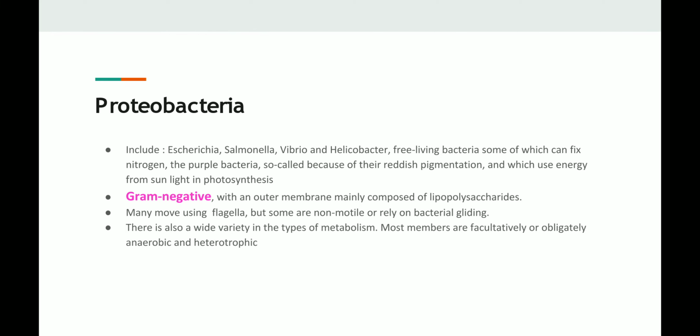Since they are gram-negative bacteria, the outer membrane will mainly consist of lipopolysaccharide. The majority of the Proteobacteria have flagella.